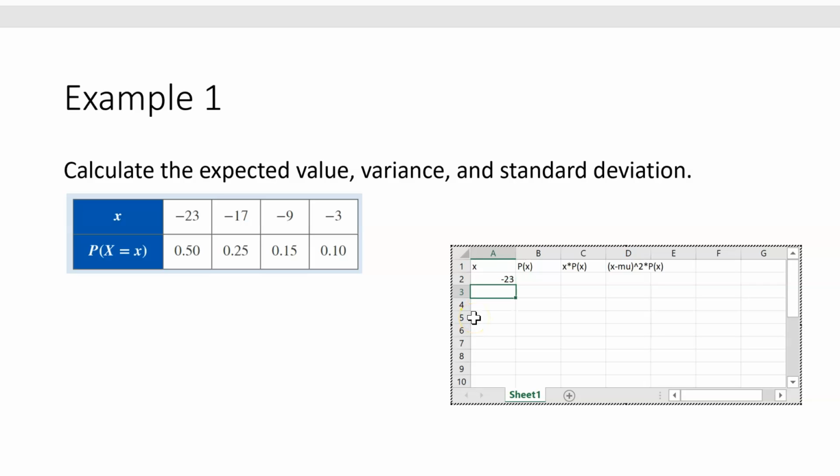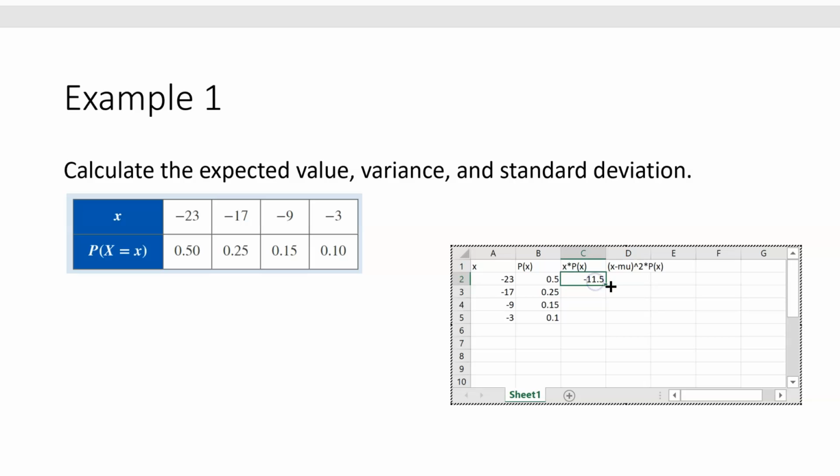Our x values are negative 23, negative 17, negative 9, and negative 3. And our associated probabilities are 0.5, 0.25, 0.15, 0.1. Here we'll click enter, equals, and then this times this.